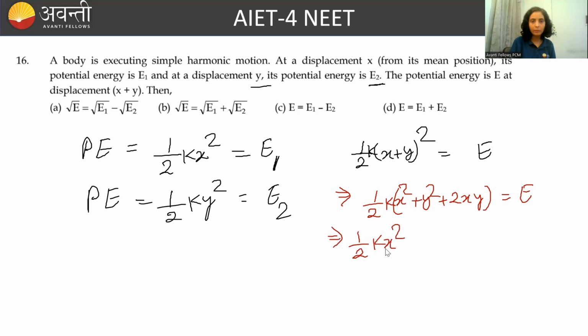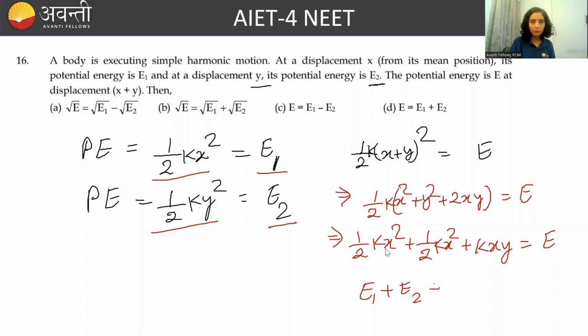Half kx square plus half ky square plus half 2 will get cancelled and it will become kxy equal to E. Now look, half kx square is E1, half ky square is E2. So this will become E1 plus E2 plus kxy. Now how will we calculate xy? That's the question. So look carefully here. If I multiply these two, it will become 1/4 k square x square y square is equal to E1 E2.